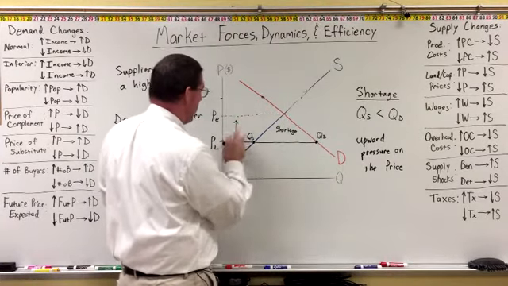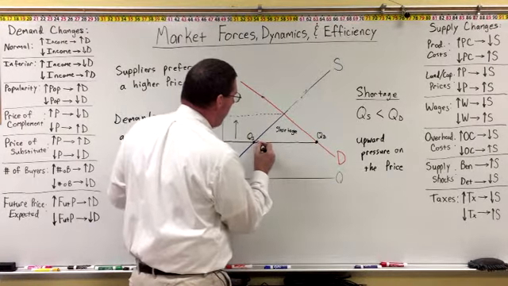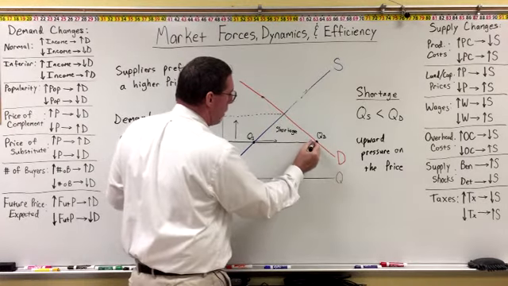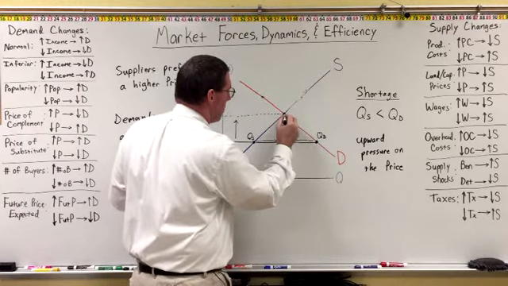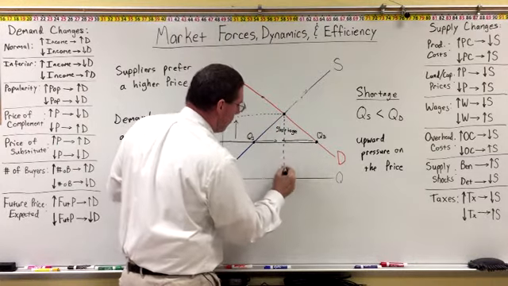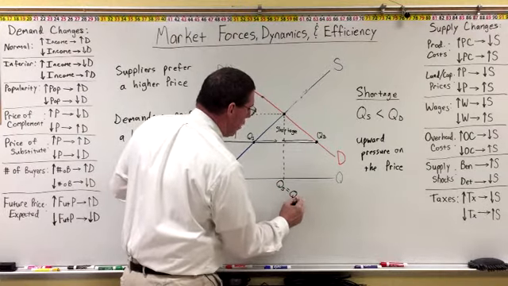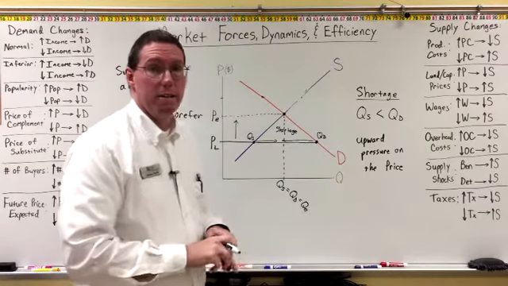And then as the price returns to equilibrium price, quantity supplied, in the case of a shortage, will increase, quantity demanded will decrease, and then finally, suppliers and demanders will agree. Quantity supplied will be equal to quantity demanded, and we will be at equilibrium quantity.